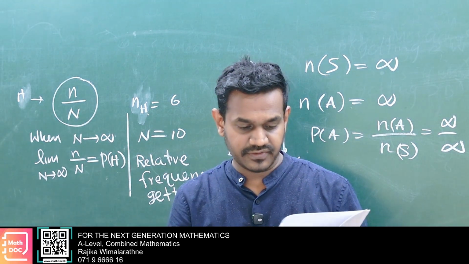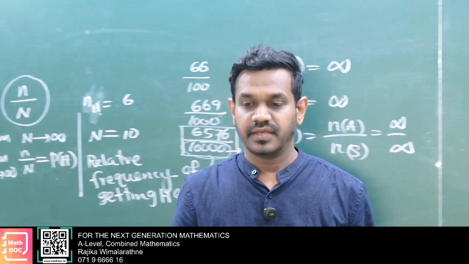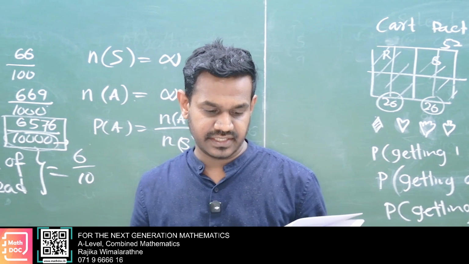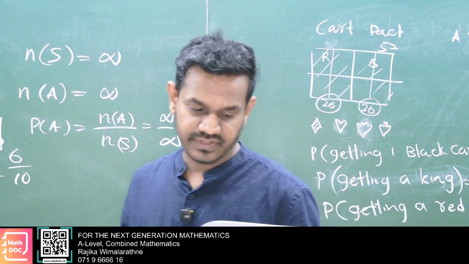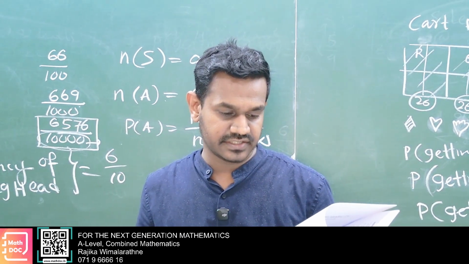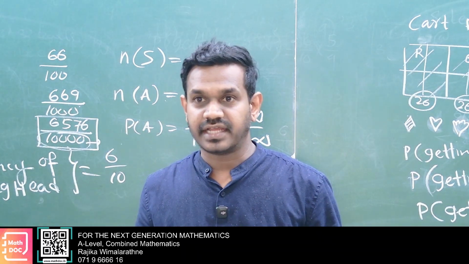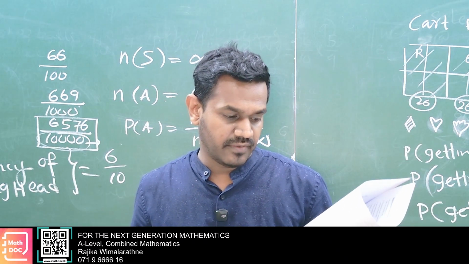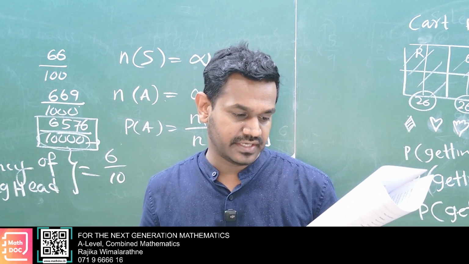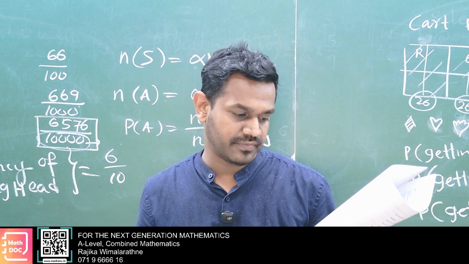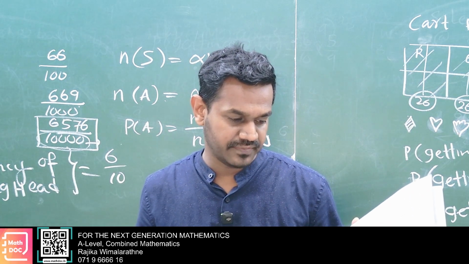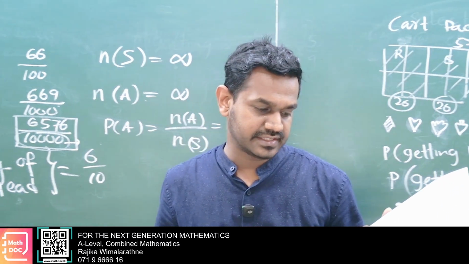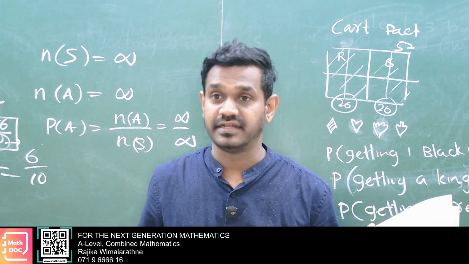Now read the frequency definition on page number 5. The frequency definition of probability defines it based on the long-run relative frequency of an event occurring in repeated trials of an experiment. Formal definition: the probability of event A is the limit of the relative frequency as the number of trials approaches infinity, P(A) equals the limit as N goes to infinity of n over N, where n is the number of times event A occurs in N trials.